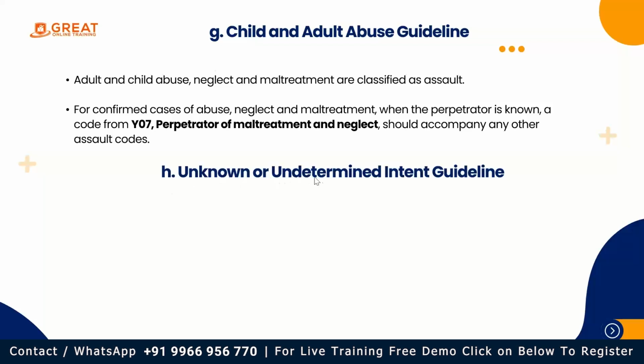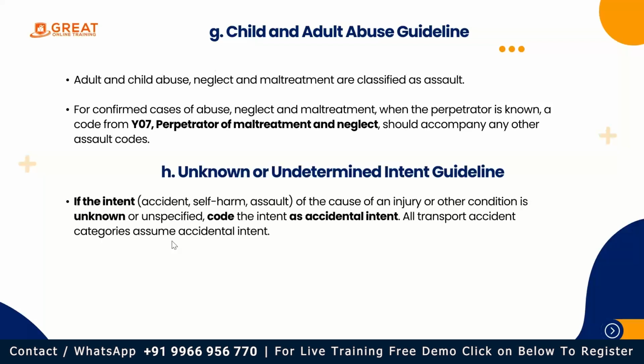Next, unknown or undetermined intent guidelines. If the intent, meaning accidental or self-harm or assault, of the cause of an injury or other condition is unknown or unspecified, code the intent as accidental intent. This is also an important guideline.